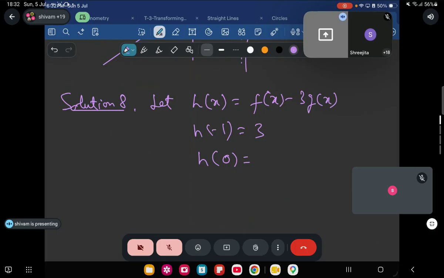Check your copies. 6. Okay, 6 minus 3 into g of 0, which is given as 1. This will give us 3. So h of -1 is equal to 3 and h of 0 is also equal to 3.